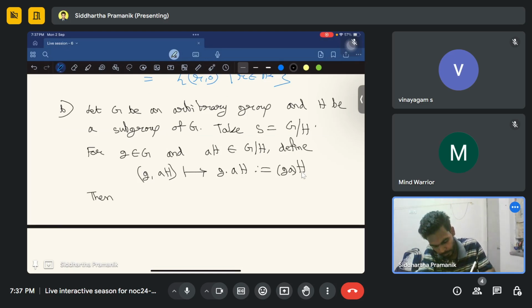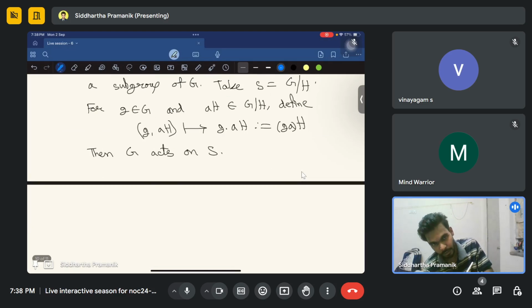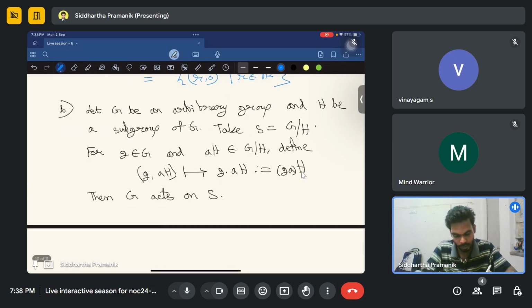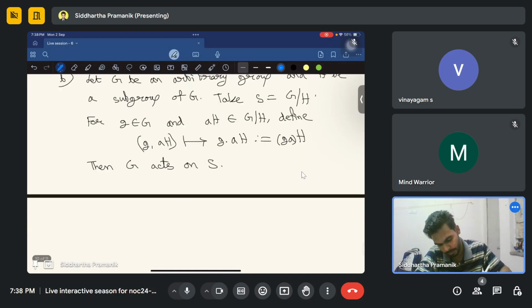So then G acts on S. The proof is trivial. So I want you to check this. Proof is not difficult. I want to see how the orbits look like. So proof, let's say it is an exercise for you.